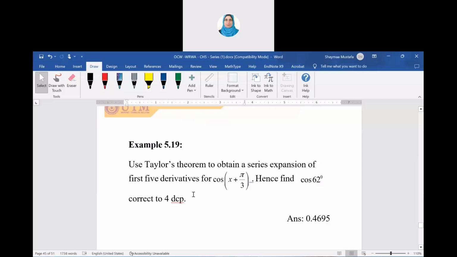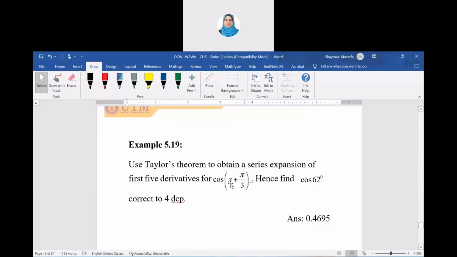Now in this example, you need to use Taylor theorem to obtain the series expansion of the first 5 derivatives for cos of x plus pi over 3. And by using this one, we need to find cos 62.